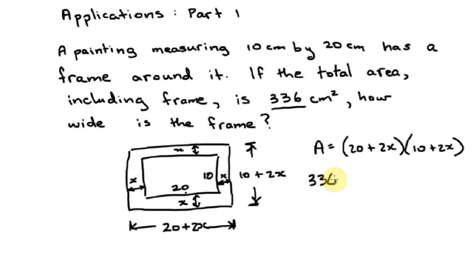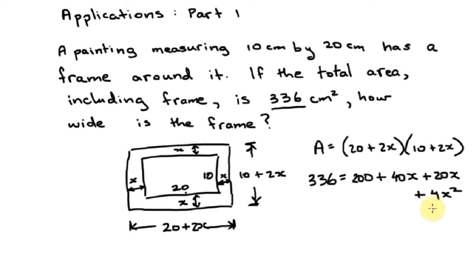Basically, I have 336 equals, and we're going to start expanding out the brackets here. 20 times 10, so that's 200, plus 20 times 2x, so that's 40x, plus 2x times 10, so that's plus 20x, plus 2x times 2x, so that's 4x squared.